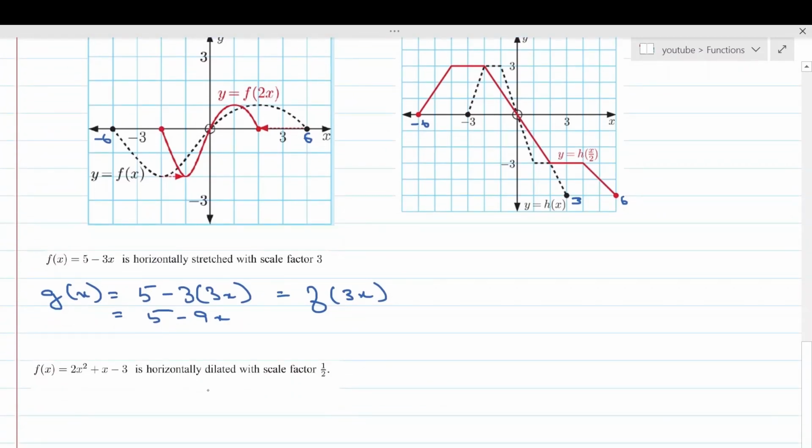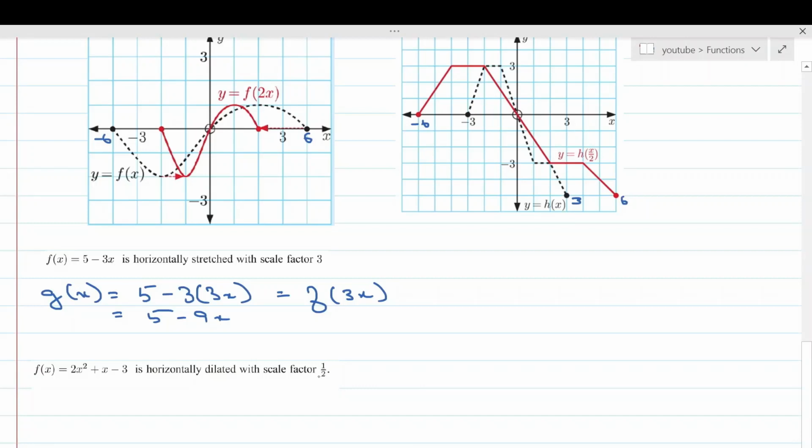Now let's look at another question. In this question, we have 2x² + x - 3 horizontally dilated with a scale factor of 1/2. Again, they've said horizontally dilated, and stretching means the same. So we are using a scale factor of 1/2.